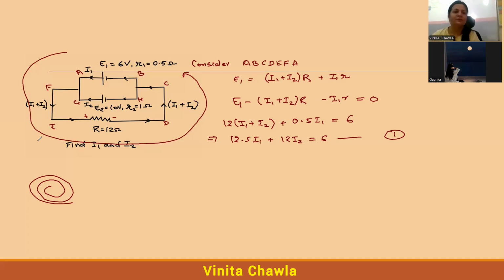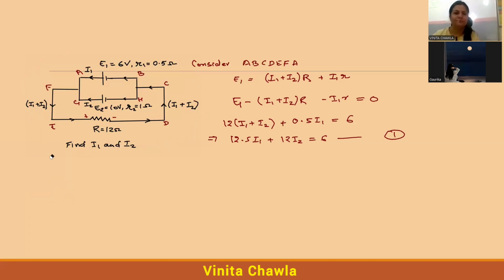Now let's consider another. अब कौन सा लूप कंसिडर करने का मुझे ये करें. Let's start from here and move in this direction and enter from. Let's consider this loop now. Okay.